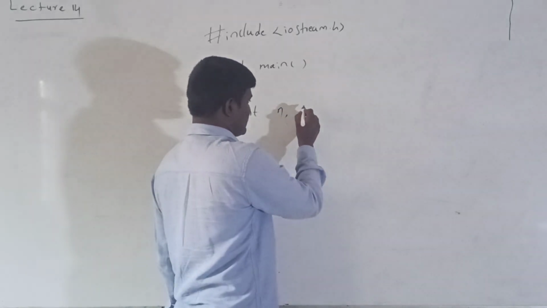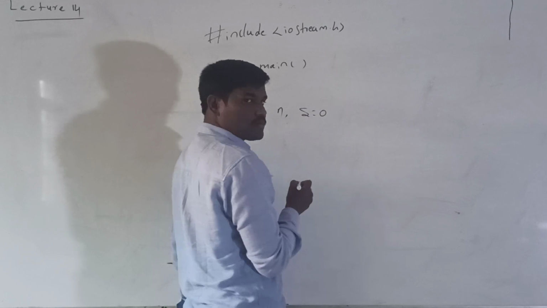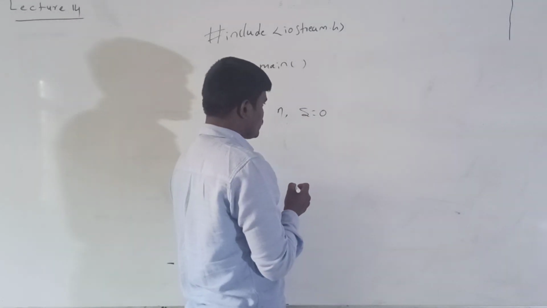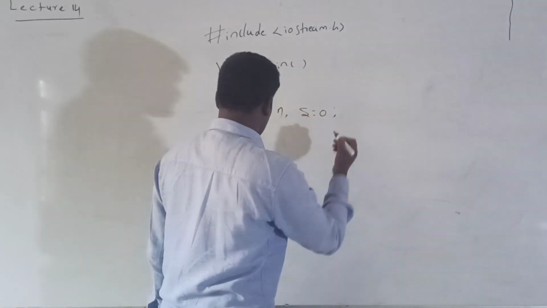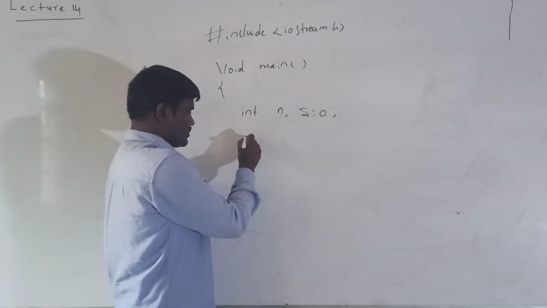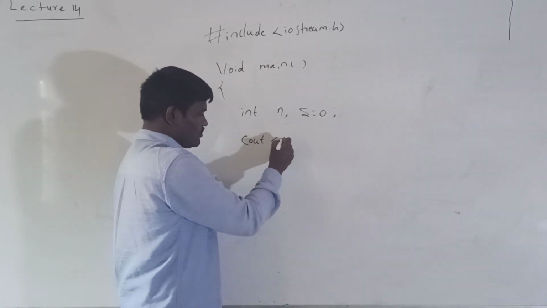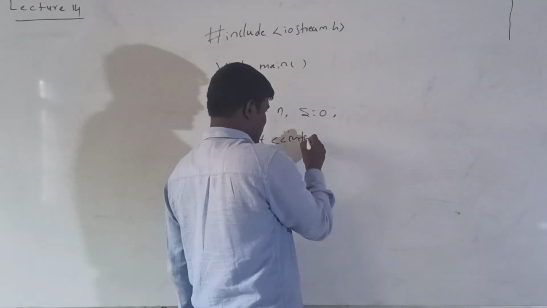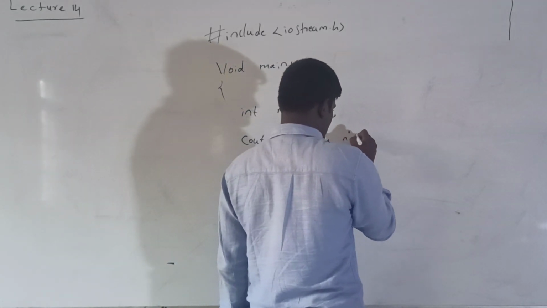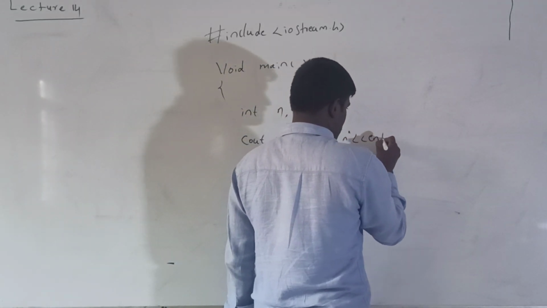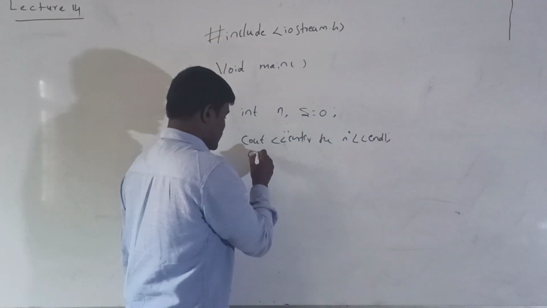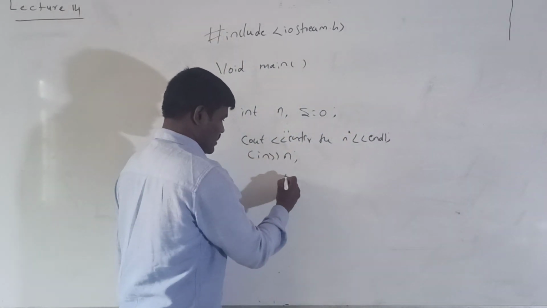Next you can write sum is equal to 0. Cout enter the n, endl. So next you can write cin of n. Next while.